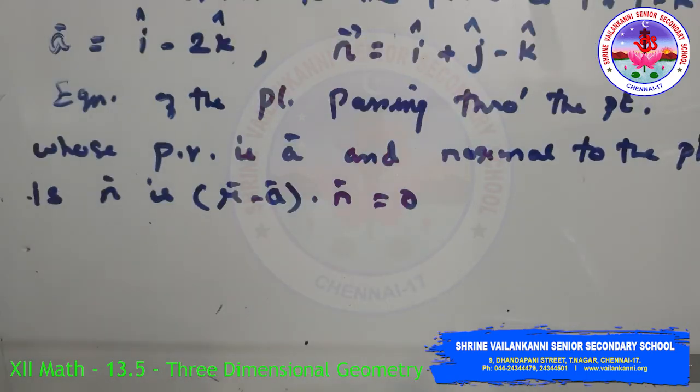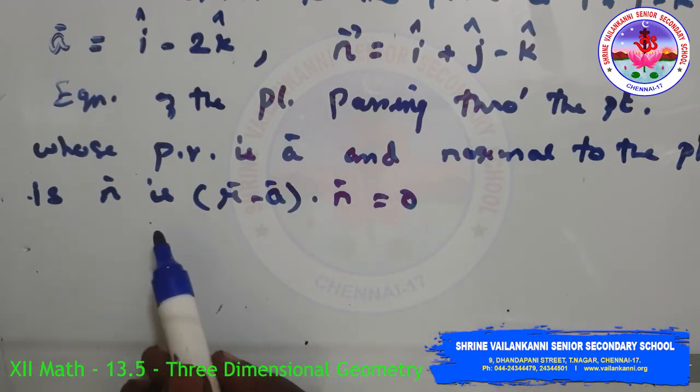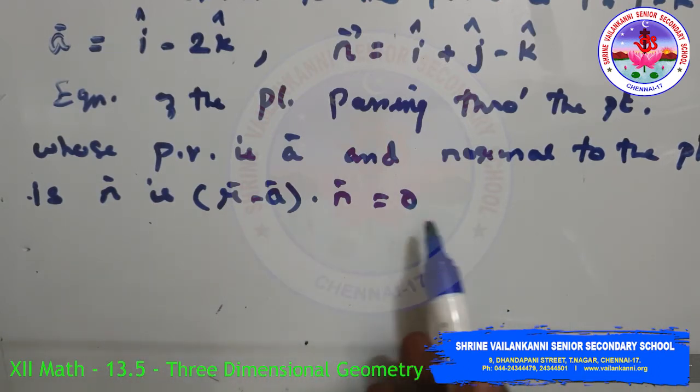whose position vector is a and normal to the plane is n, which is (r - a) dot n equal to 0.